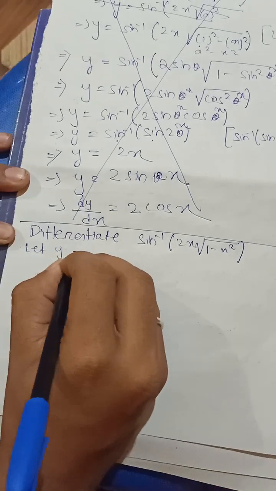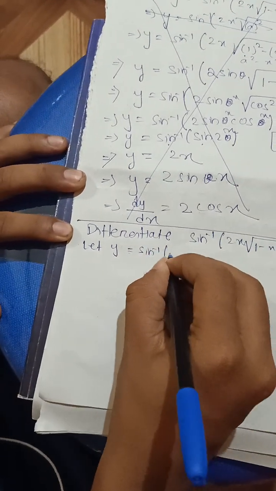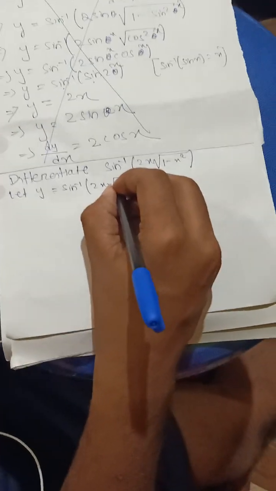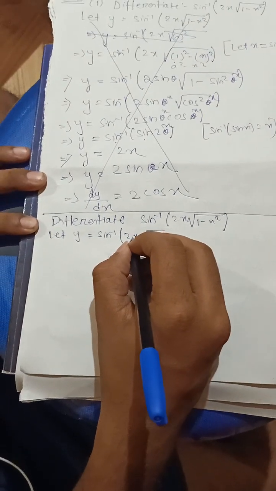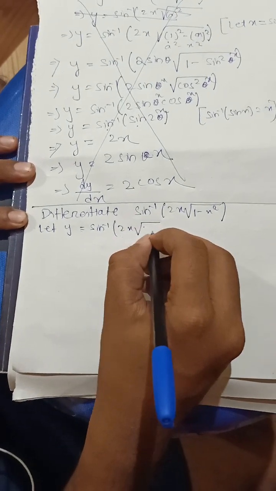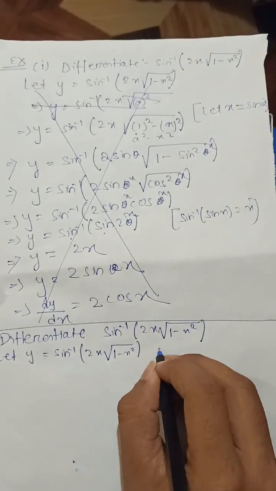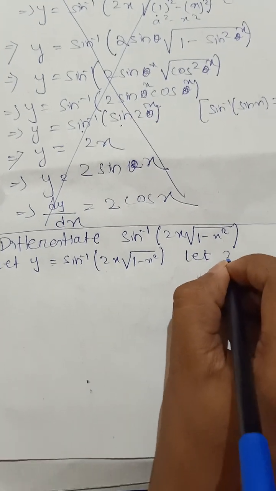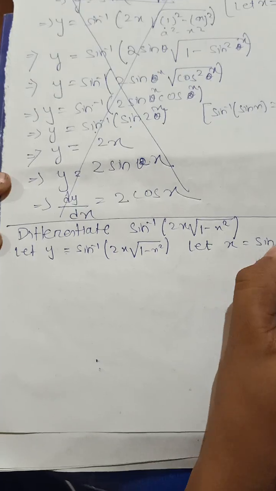Let y is equal to sine inverse of 2x root 1 minus x square. Here let x is equal to sine theta.